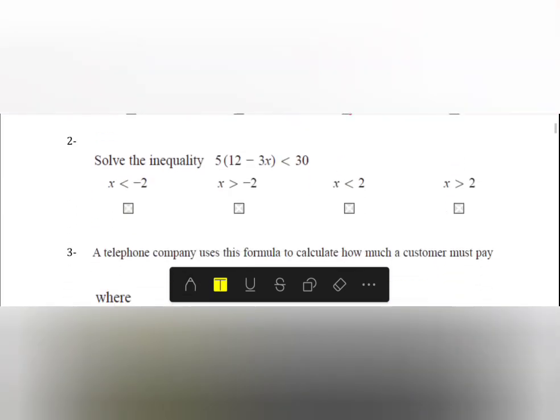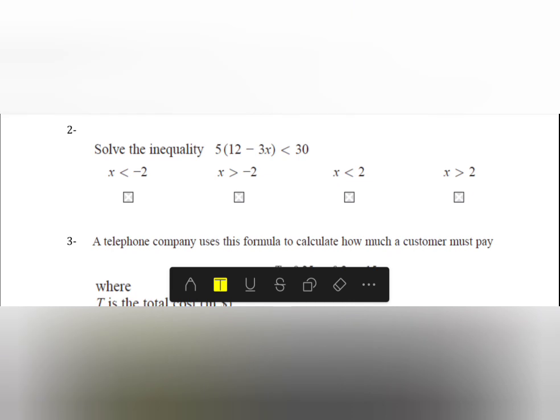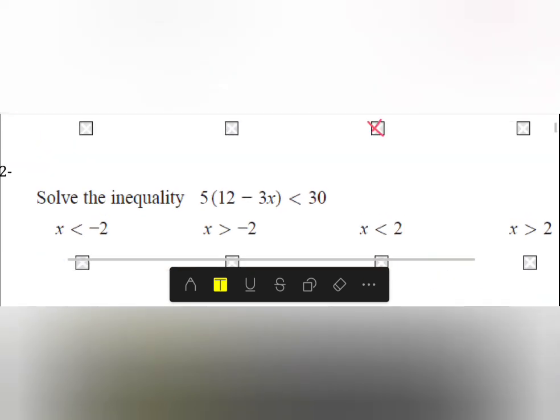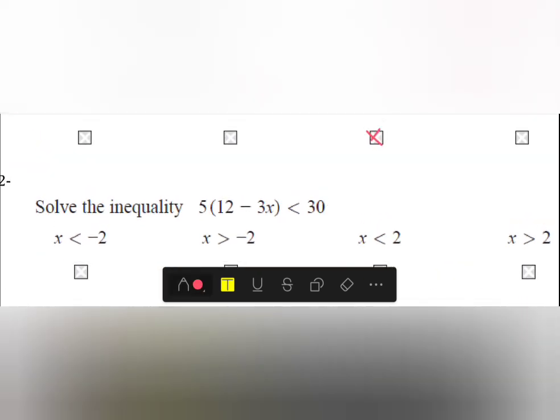Question 2. Solve the inequality 5 bracket 12 minus 3x close bracket smaller than 30. Now, to solve this inequality, we're going to follow the steps of answering any inequalities. First thing, this 5 is multiplied by the whole bracket, and it's easier for me to make x alone to solve the inequality.